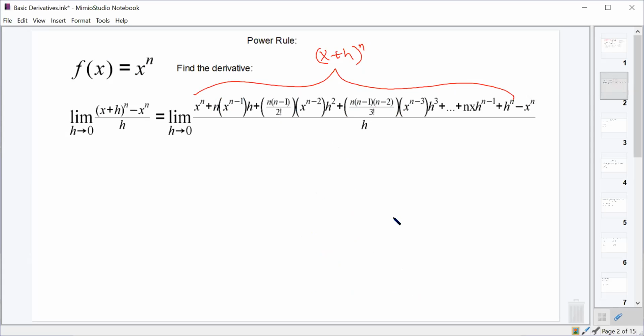You just need to accept and hope that I've told you the right thing. This expands out to x plus h to the n. Can we all take that leap of faith with me and believe that that's x plus h to the n, with all this infinite number of terms for however big n is? Yes. Yep. All right, cool.